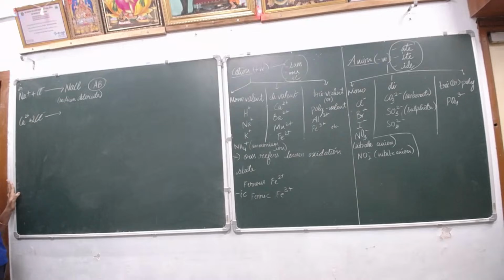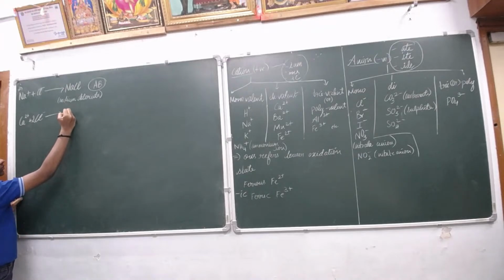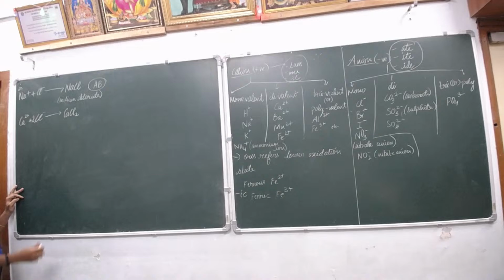So the charges should be balanced. So here you have Ca2 plus and 2Cl minus. You have to multiply by 2, so that 2 minus and 2 plus cancel. Now you can put Ca, Cl, and at the subscript you have to put 2. So this is calcium chloride.